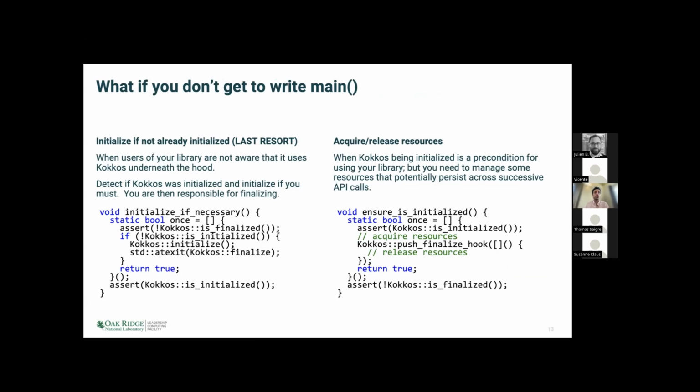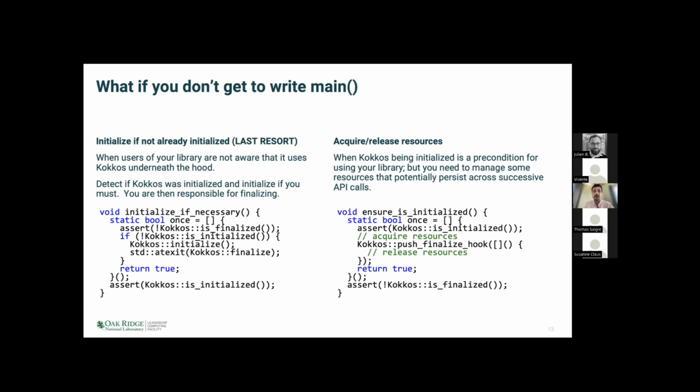So the thing is, what happens if you do not control writing the main in your program? So let's say you're writing a library, right? You're writing a library, you're using Kokkos, but you don't actually get to write the application. And so what we recommend, the number one thing, the better thing, is to say, if you always use Kokkos, just give it up.